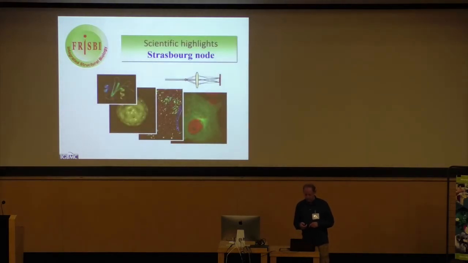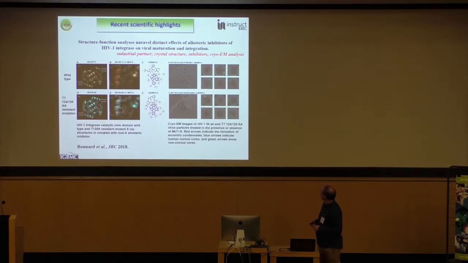Okay, and some scientific highlights from users and from teams here. That's a typical example of a combination of various tools. Crystallography here, this is run in the group of Marc Ruff in collaboration with the company, and Cryo-EM to visualize HIV complexes and how to inhibit them.